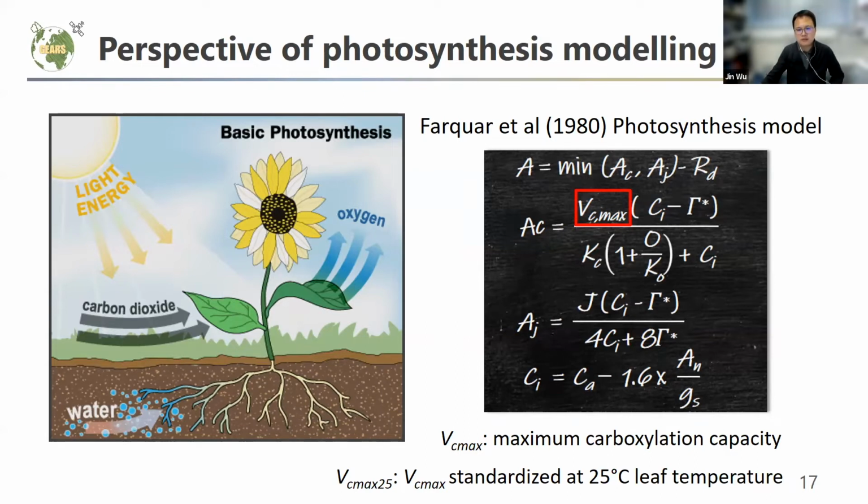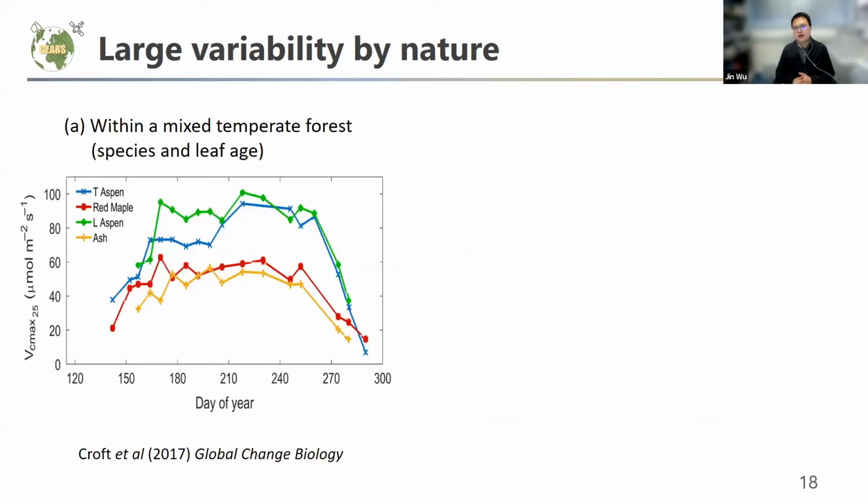If this parameter is so important, how can we monitor it? When we try to monitor it, we realize this can be a much bigger challenge than we thought. For example, the figure on the left panel records tree species surveyed from a Canadian temperate forest.